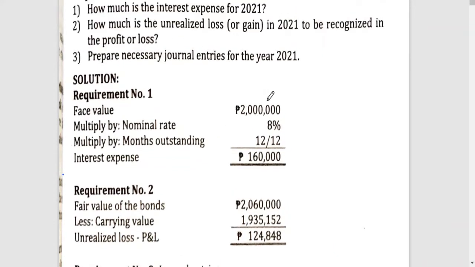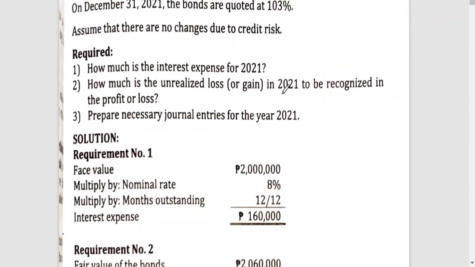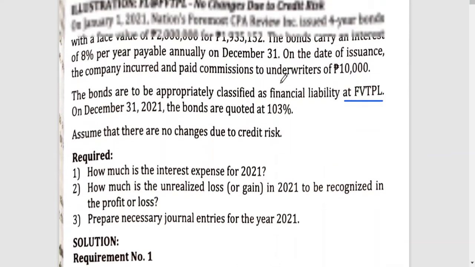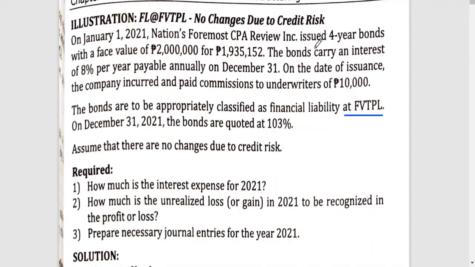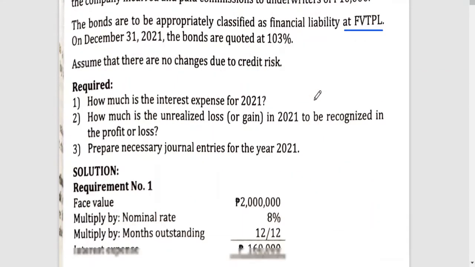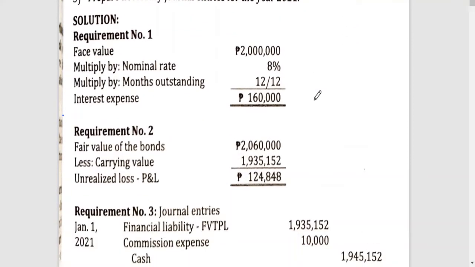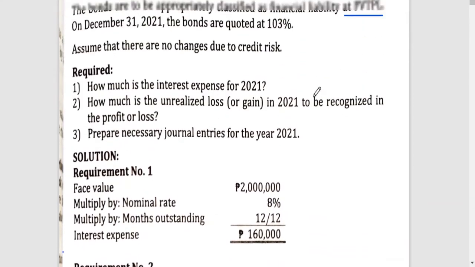Next, requirement 3. Prepare the necessary journal entries for 2021. Okay, so here we are the ones issuing the bonds. So if we are the ones selling the bonds, we are the ones who will receive money.